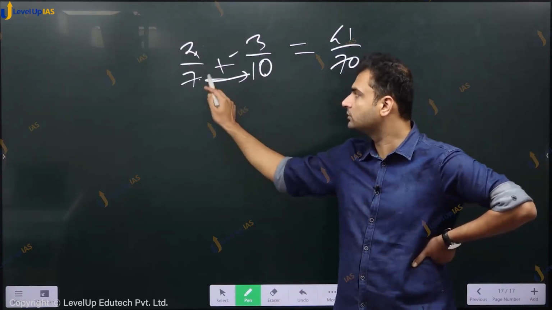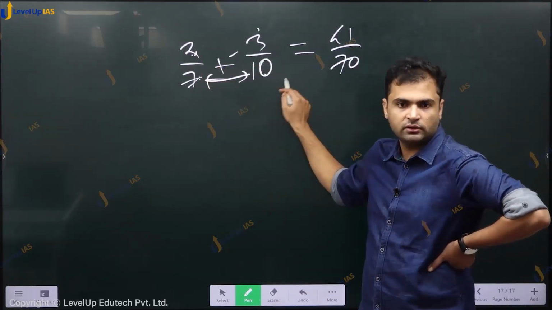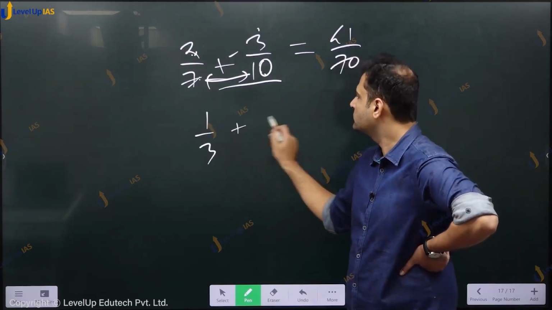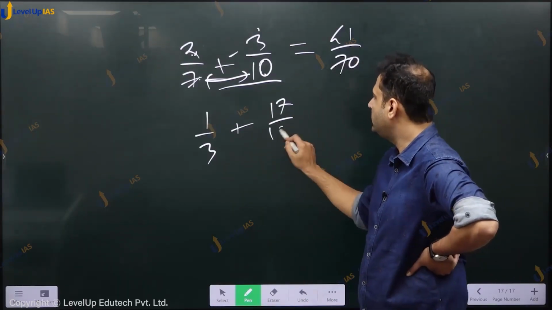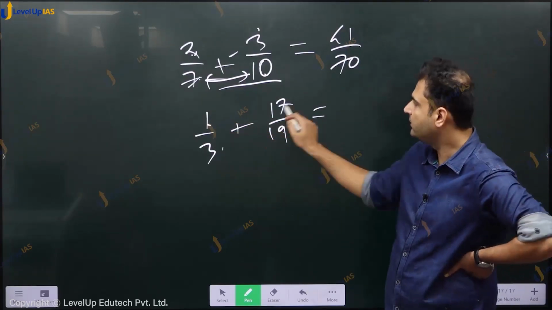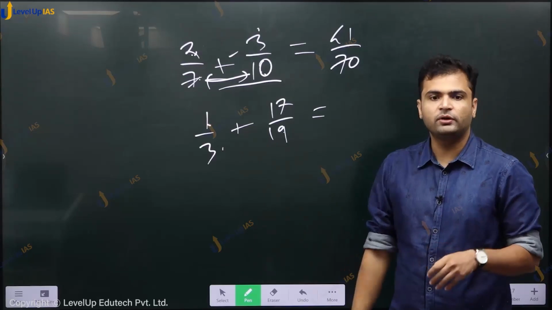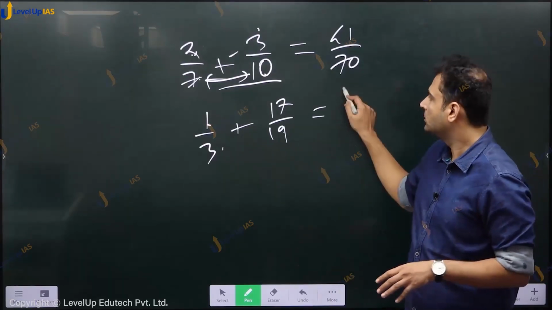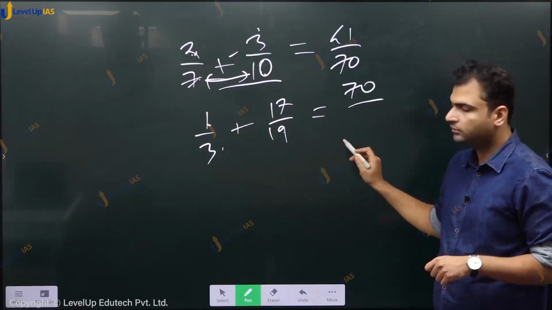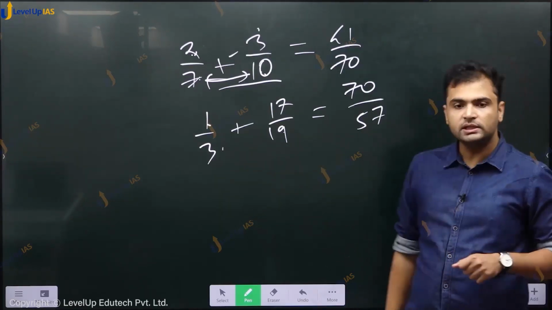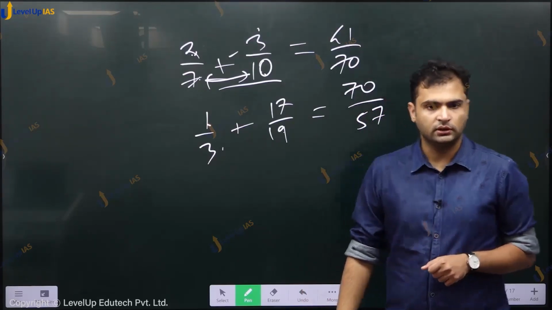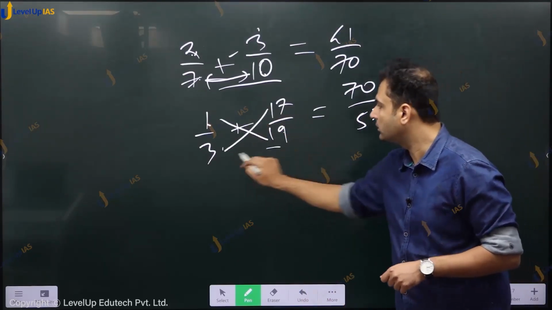Multiplication of these two numbers, this plus this upon this. 1 by 3 plus 17 by 19. 19 into 1 plus 17 into 3, 51. 51 plus 19, 70 divided by 19 into 3, 57. ठीक है. This plus this divided by this.